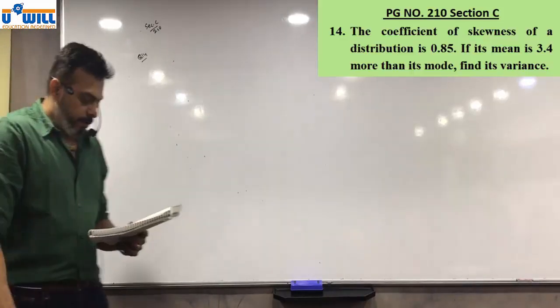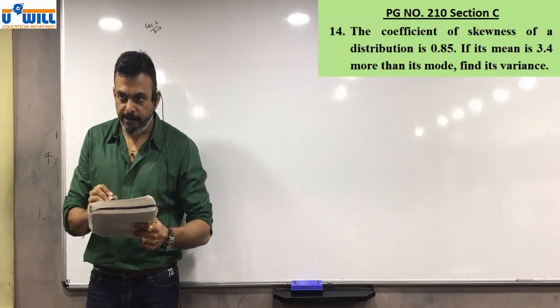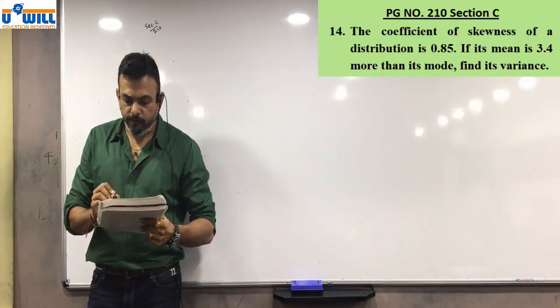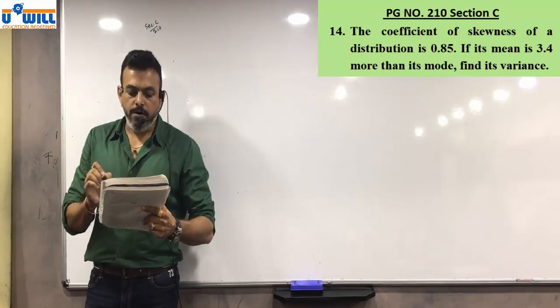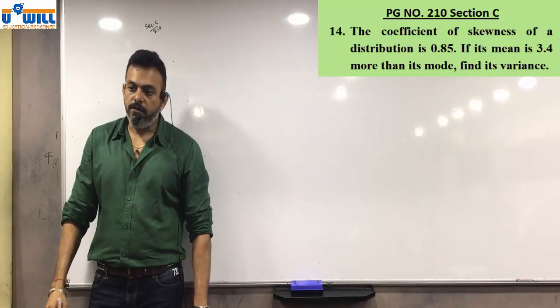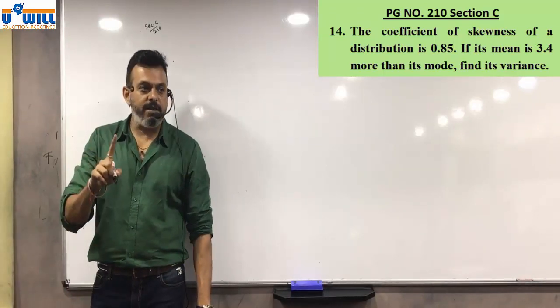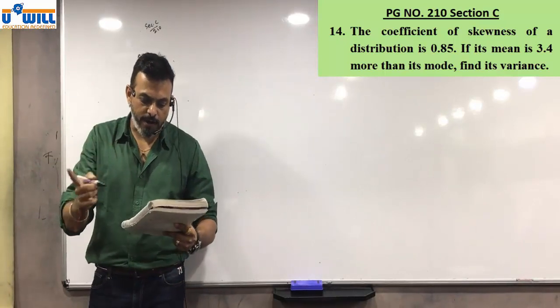14th sum. The coefficient of skewness of a distribution is 0.85. If mean is 3.4 more than its mode, find its variance. Now what is variance? Standard deviation square. So we have to find standard deviation and then square of it.